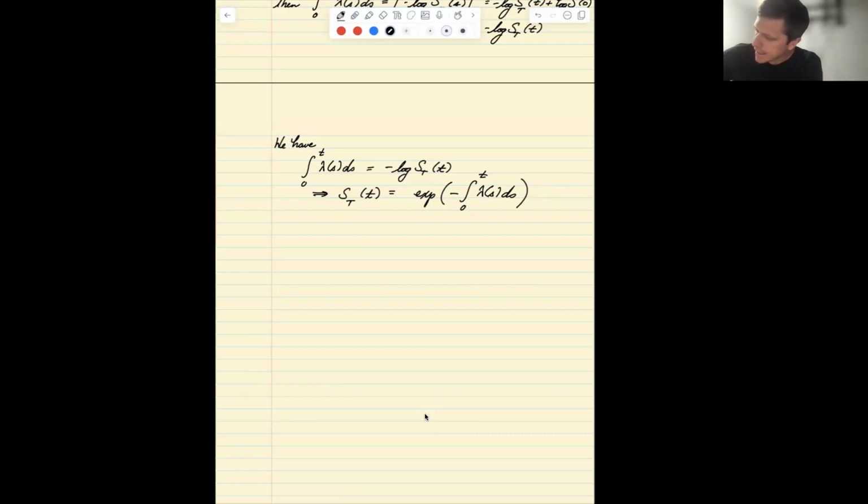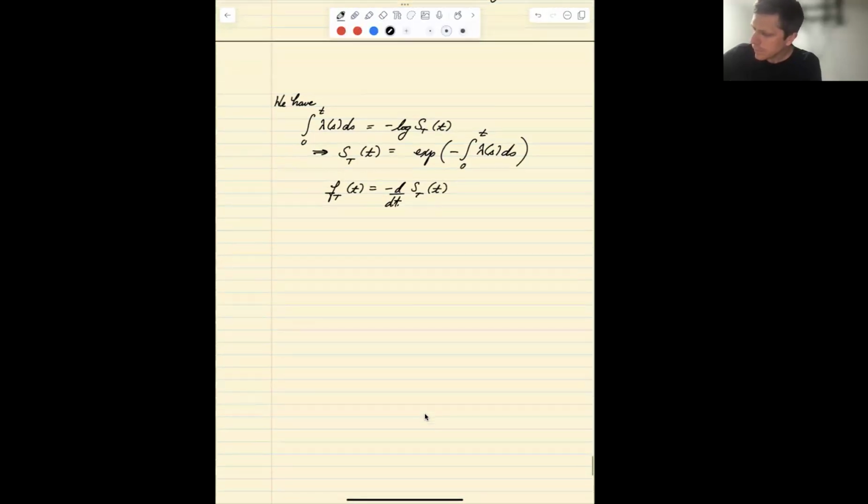And the density, which is equal to minus the derivative of the survival function, is equal to the hazard function times the survival function.